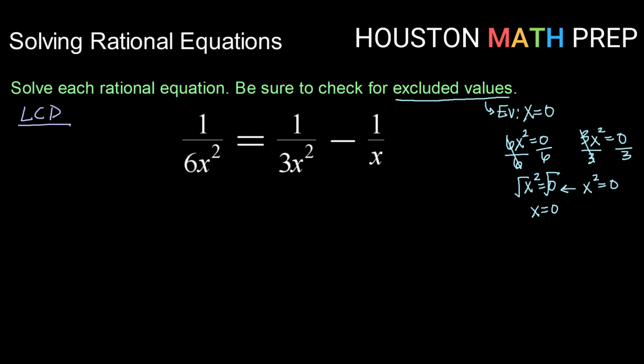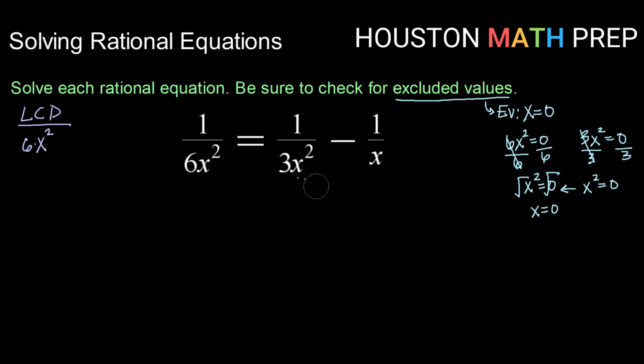If I think about 6x squared as 6 times x times x, and 3x squared as 3 times x times x, then I can see that these two already have the factor of x that my third one has. So I think that my least common denominator is going to be 6 times x squared, or 6x squared.